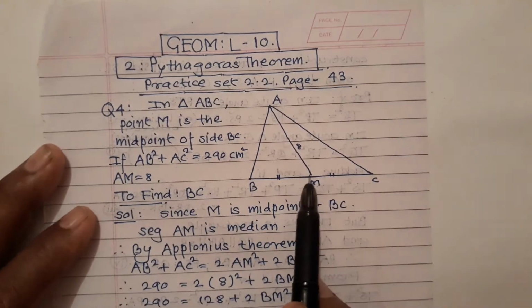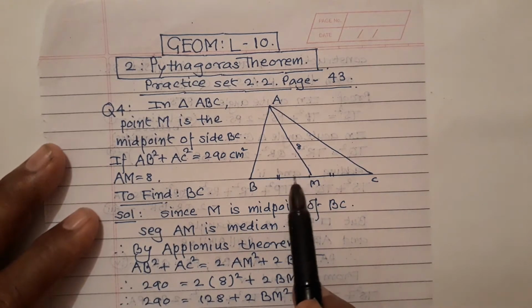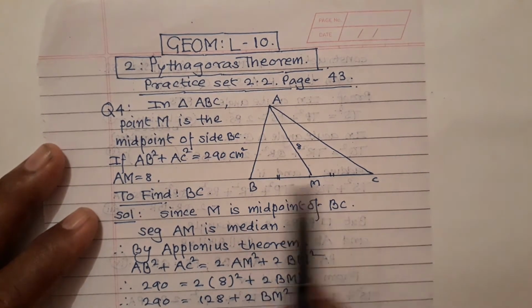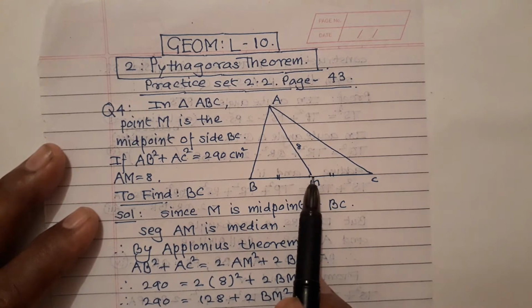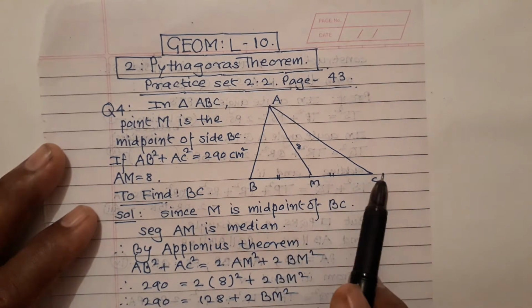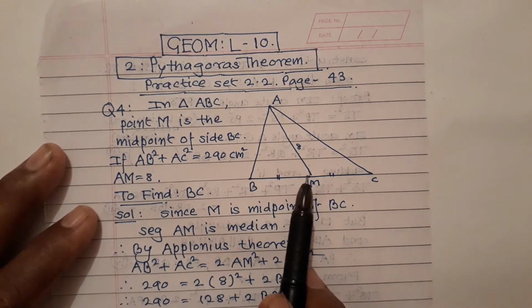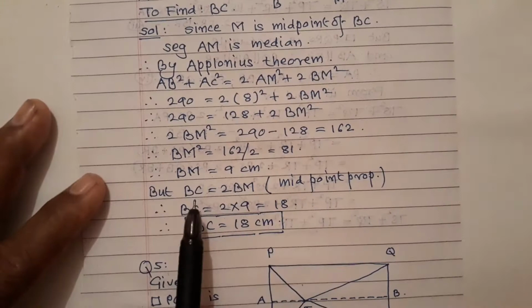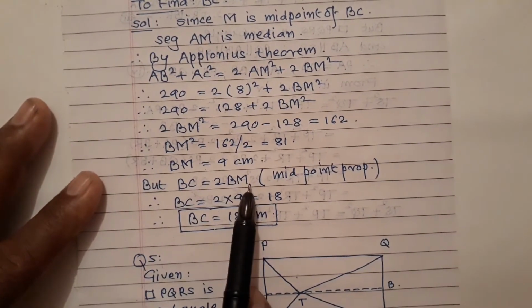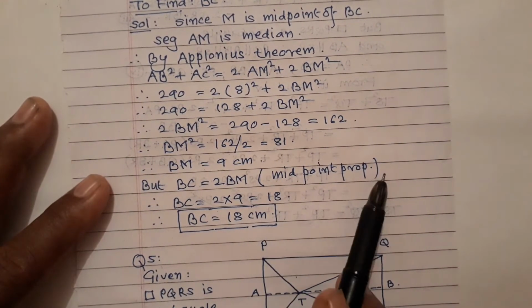Now BM is equal to 9 centimeter, but you want BC. M is the midpoint, and therefore BM and MC are equal, so BC is equal to 2BM, by the midpoint property.